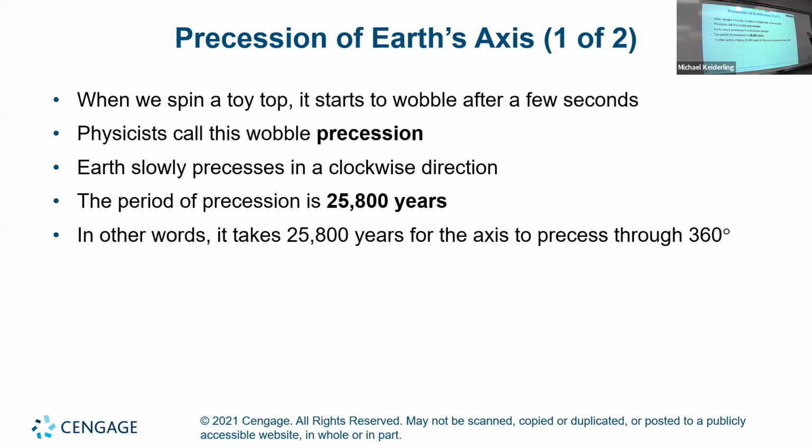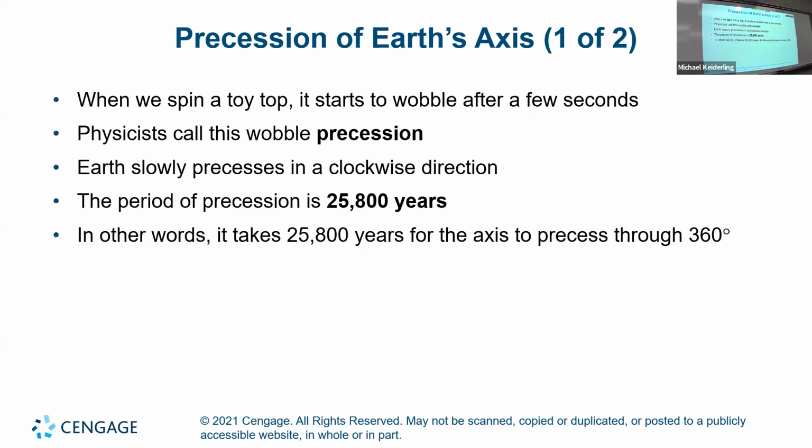And interestingly enough, this was figured out in a couple hundred BC. Like ancient Greeks worked this out. It would take 25,800 years for the Earth's axis to precess through 360 degrees.